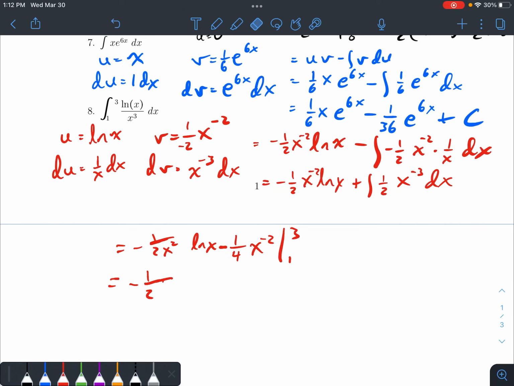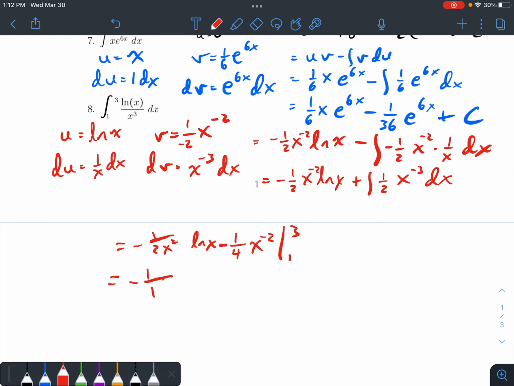All right, so now if I plug in 3, I get 2 times 3 squared, which is 9. So 2 times 9 is 18. And then ln of 3 minus 1/4. This is 1 over 4 times 9. 4 times 9 is 36. So minus 1 over 36.